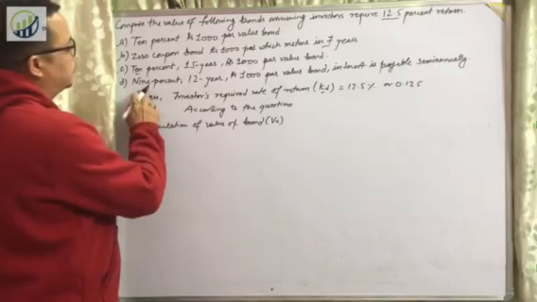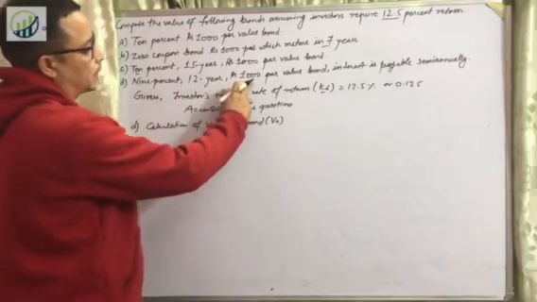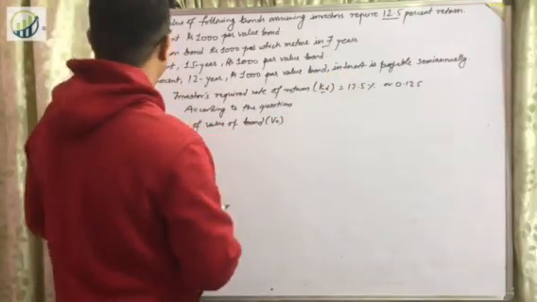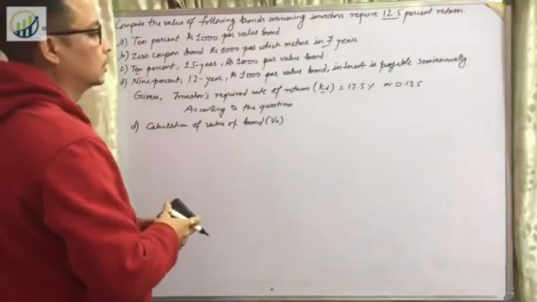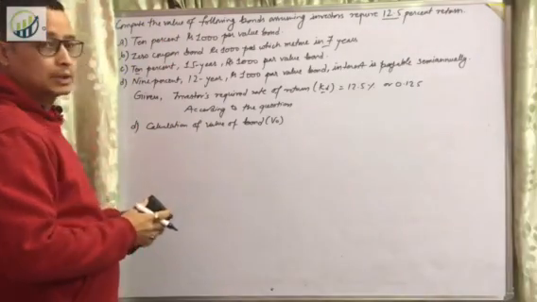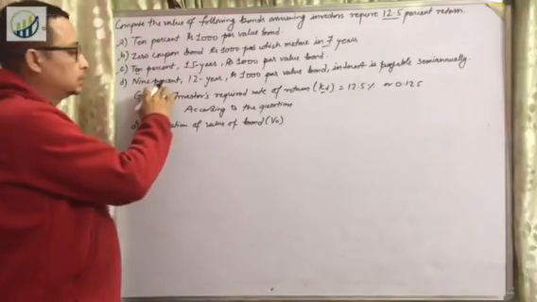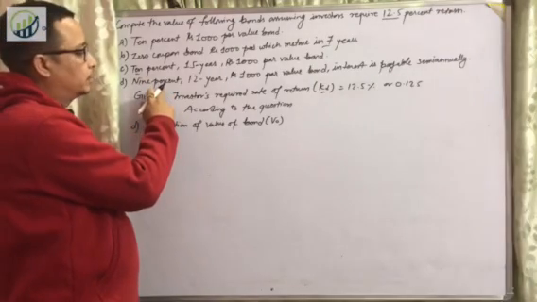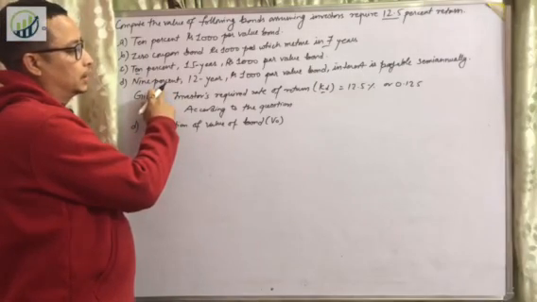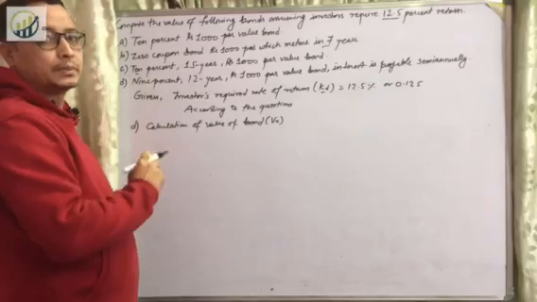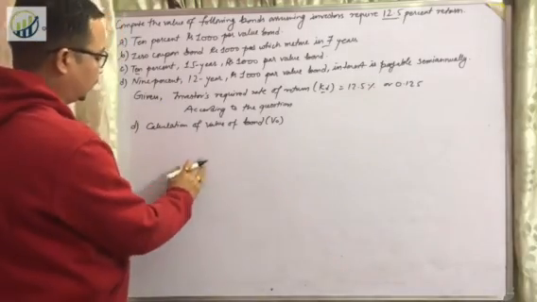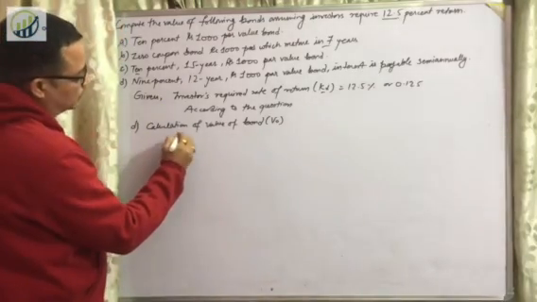A 9%, 12-year, 1,000 par value bond, interest is payable semi-annually. So this information is given here. According to this information, this is also a coupon bond with finite maturity. Here the only difference is that interest is payable semi-annually. So now let's write the information.